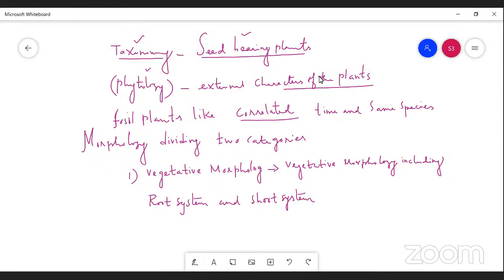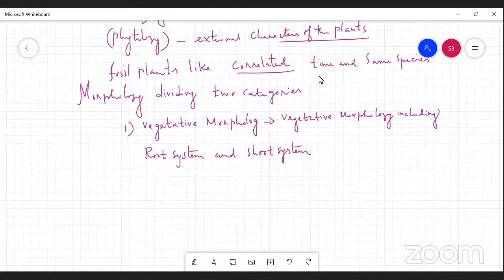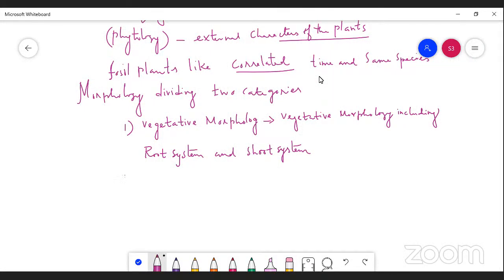The second one is reproductive morphology. What is reproductive morphology?